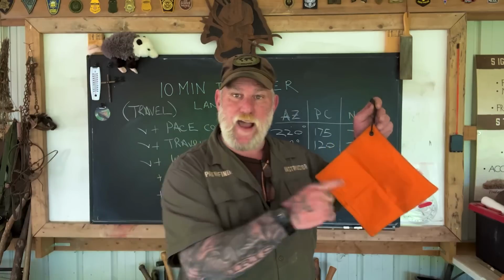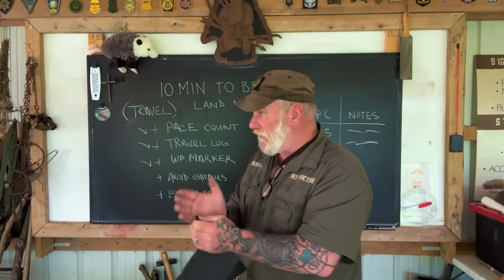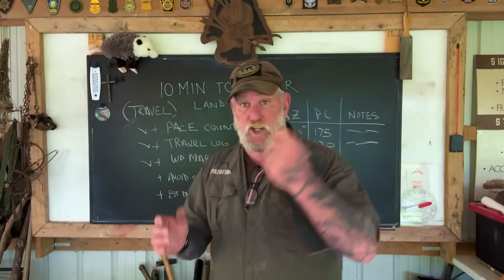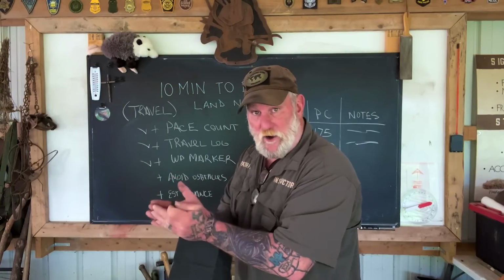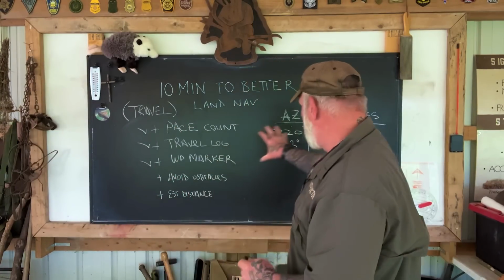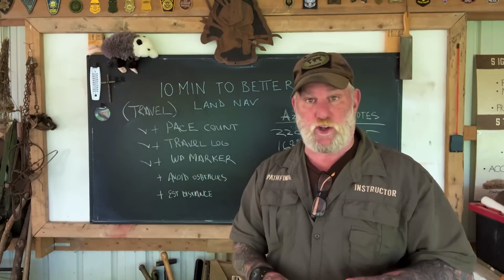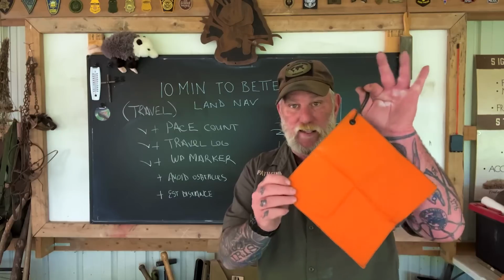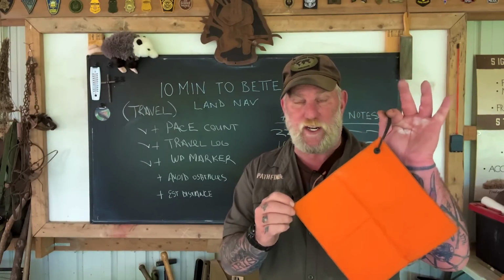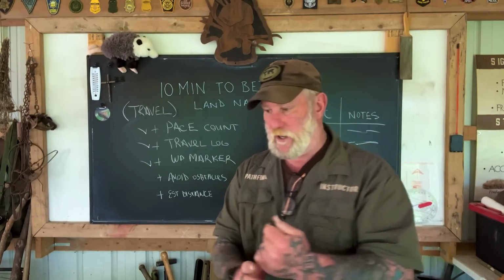And I can go right back there and pick up where I left off if I decide to keep on going. Or if I decide to change direction, I'm going to do it from right there so that it matches up on this travel log later and I didn't get off of my azimuth at all to do it. This allows me to find my last known point of origin and stay on azimuth, okay?